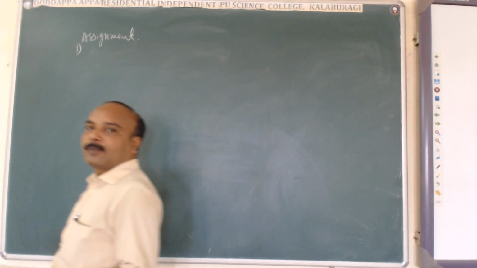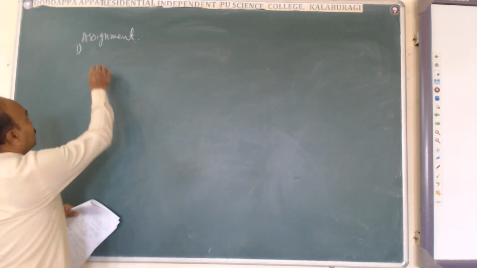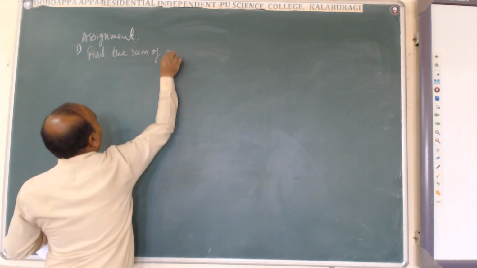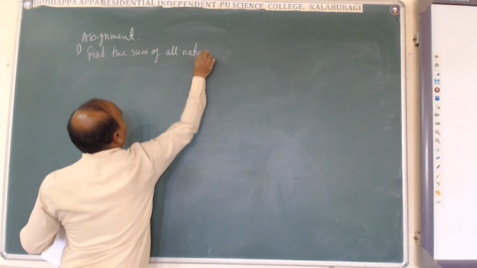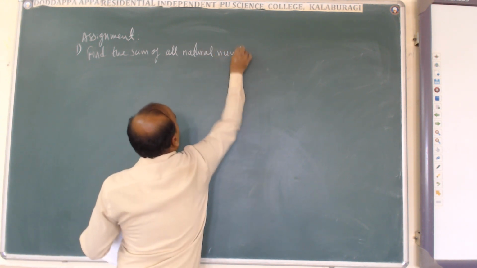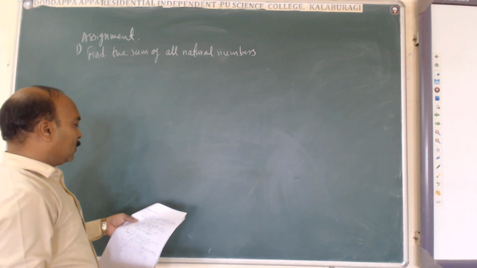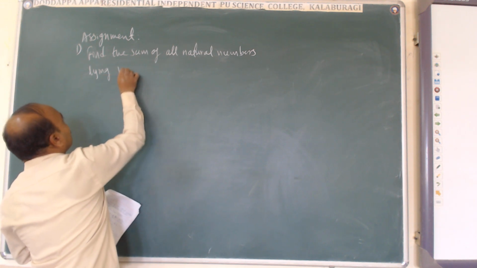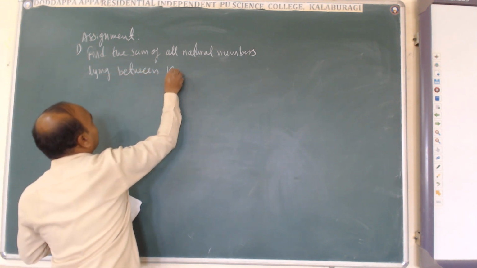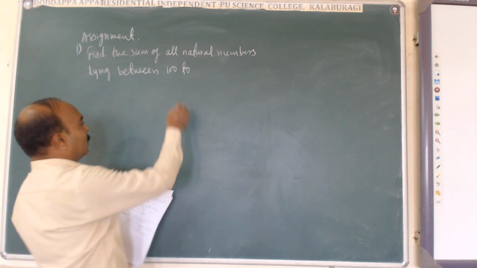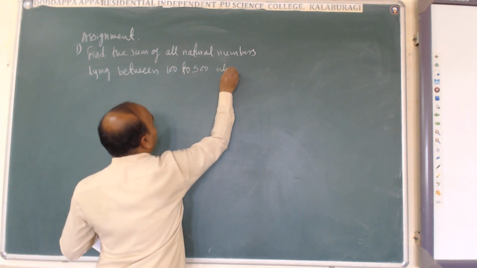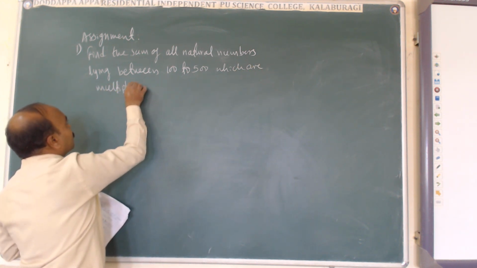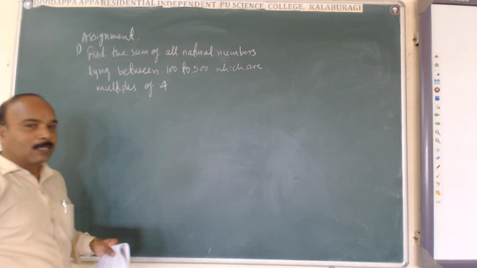First one, find the sum of all natural numbers lying between 100 to 500, which are multiples of 4.